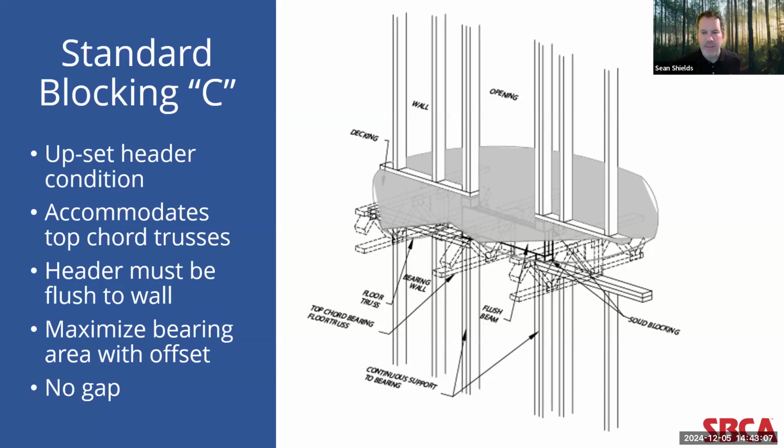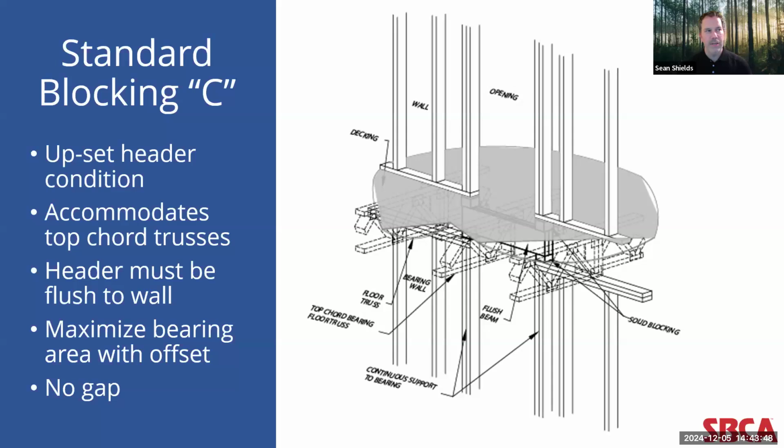Finally, I just want to note that in this application, with the use of top cord bearing trusses, it's vital that those trusses are designed and installed to maximize the bearing area. If you look very closely at this detail, you'll see that the top cord bearing trusses are offset. The reason is that, with these top cord bearing trusses, you're trying to maximize the bearing area and the top cord bearing surface to supporting structure surface area as much as possible.